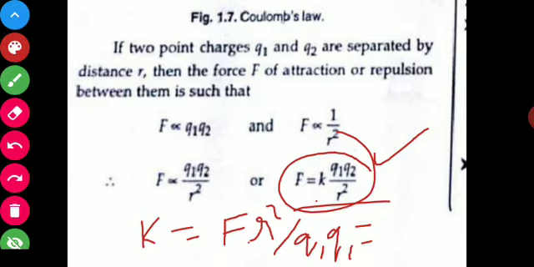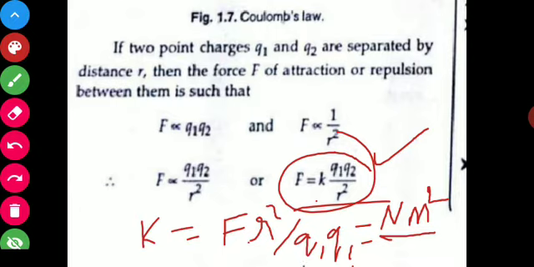Now if we want to calculate the units, how can we calculate? We know that the unit of force is Newton, so we will place Newton here. R square means the square of the distance. We measure the distance in meter, so here will be meter square. Now upon, what is the denominator?